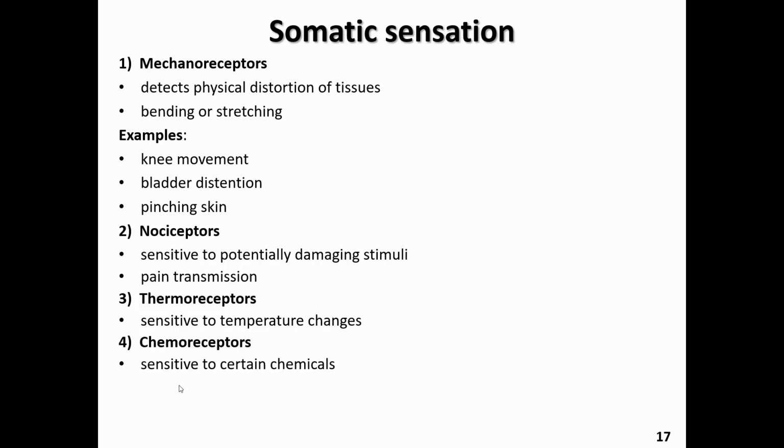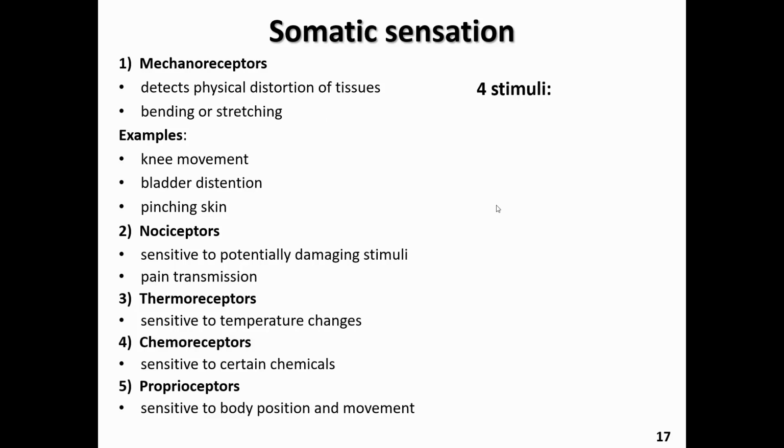Chemoreceptors are neurons that will form chemical bonds with certain chemicals, and that will discharge action potentials back to the central nervous system. And as mentioned earlier, proprioceptors are sensitive to body position and movement, and proprioceptors are actually a type of mechanoreceptor as well.